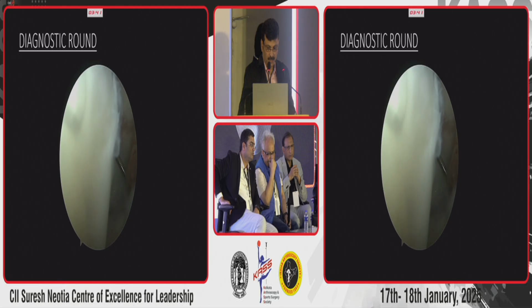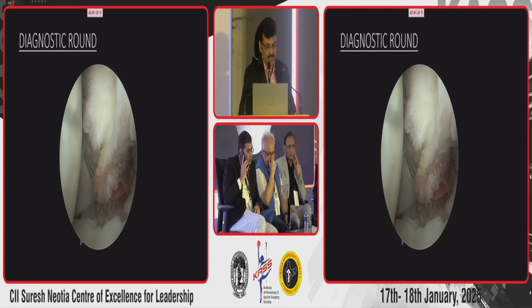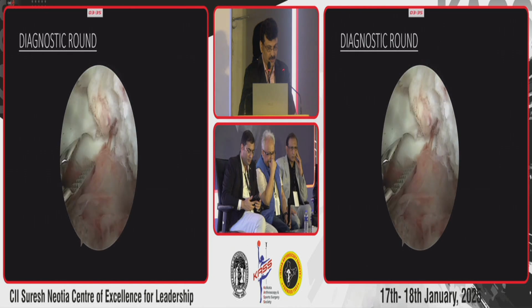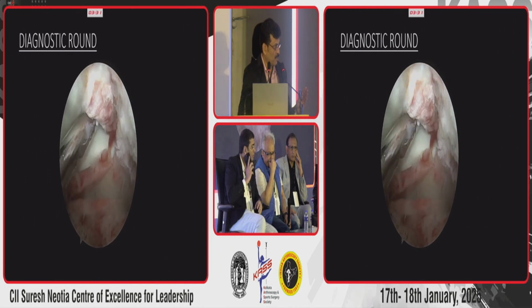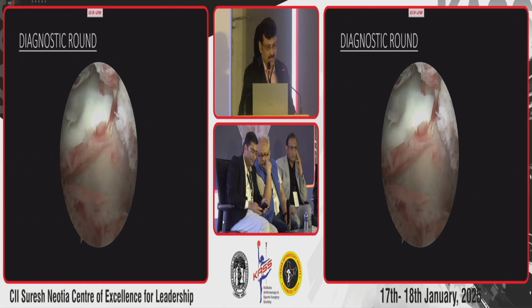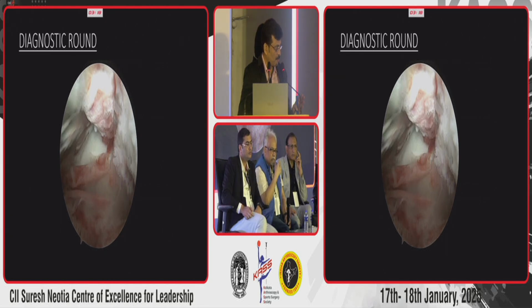So from the anterior side, when we lifted this meniscus root, you can see, this is a cartilage fragment. So right now the diagnosis is the PCL complete tear with meniscus root tear with a small osteochondral or chondral fragment. So, Swarnendu sir, what is your plan right now?